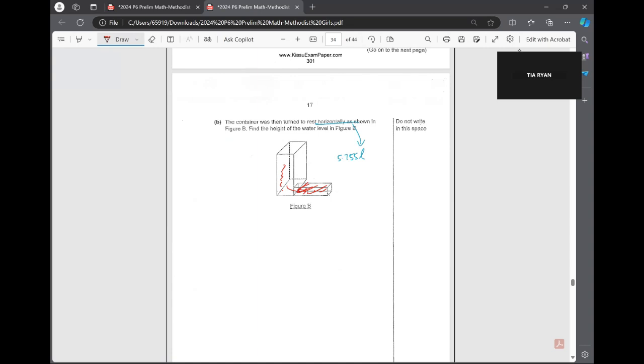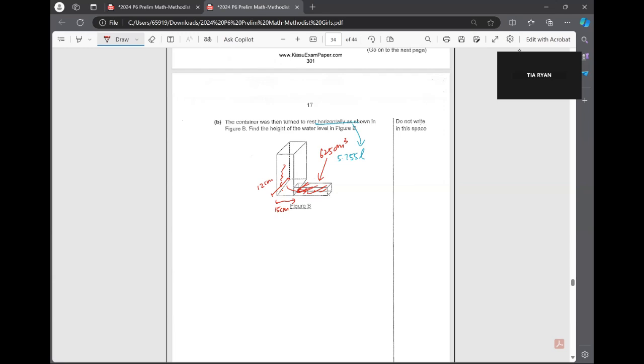First of all, I'll write down the information I have. I know that the length here is 15 cm. From my previous question, here is 12 cm. That's about what I know. Next, I know that I need to find this area first, which is technically 625 cm cubed from the previous part. We found this out already.